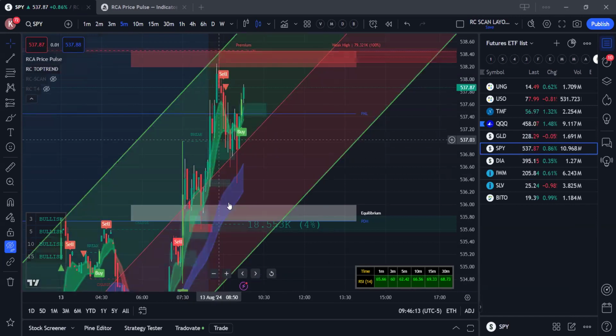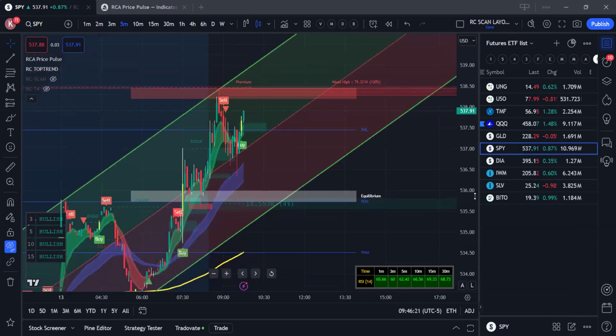Your day trading cloud is green. Your swing is blue. You got a buy signal. You don't have any major sell order block immediately.